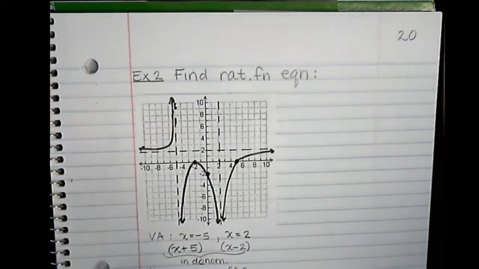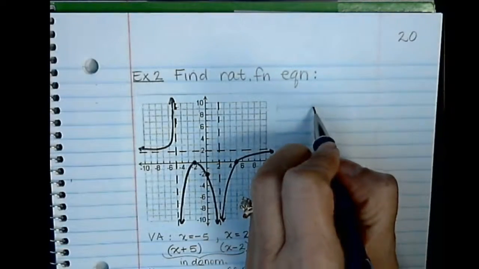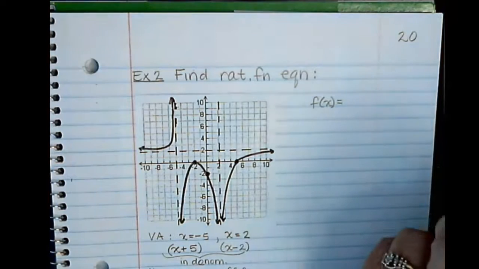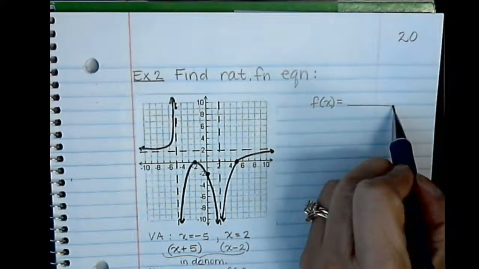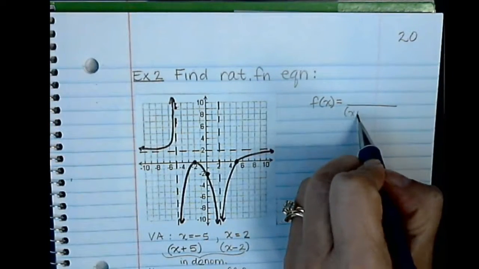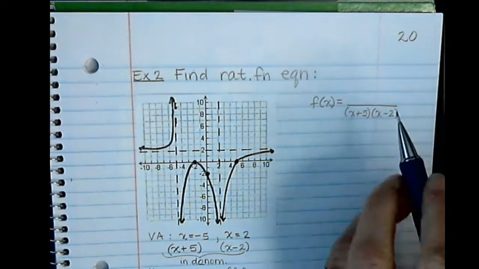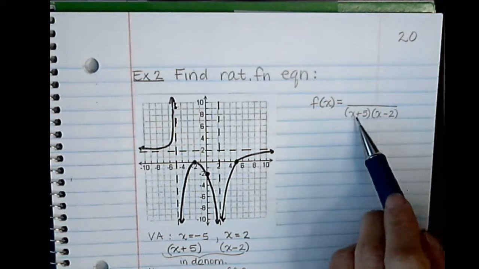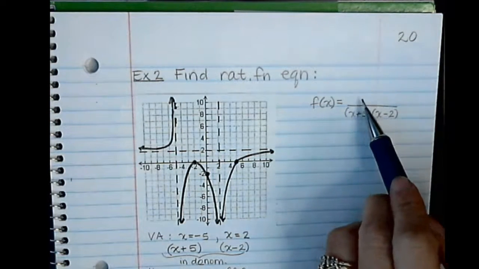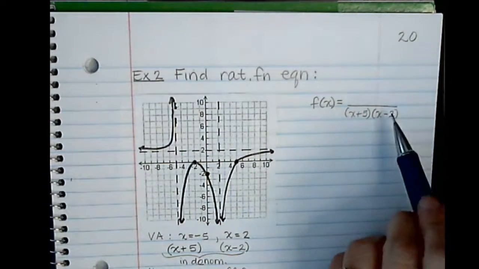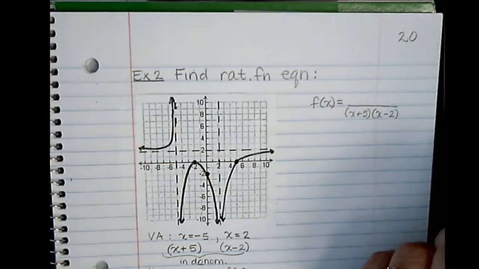Okay, so let's see what we have. What we know from f of x is that at the bottom we must have x plus 5 and x minus 2. And notice I have x squared when I multiply these two, so I have to have two things up here as well, or at least an x squared up there. So we're going to see if we can find those in just a minute.